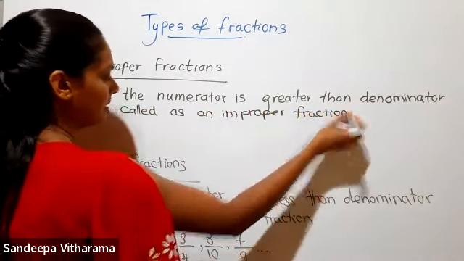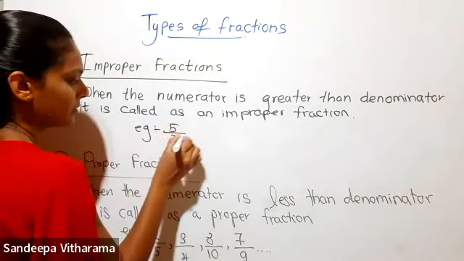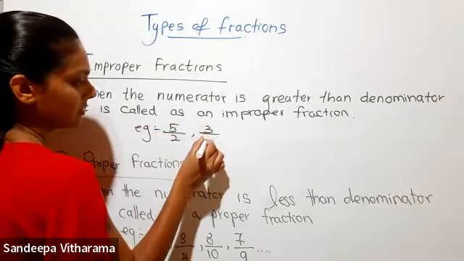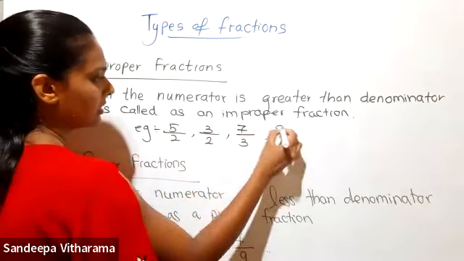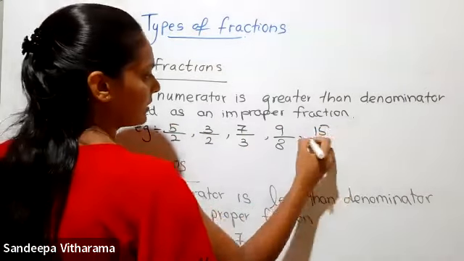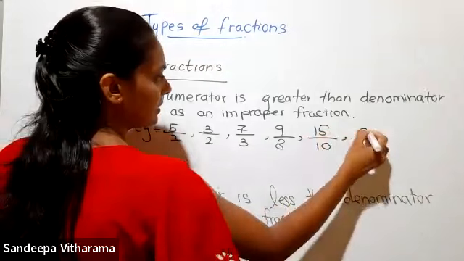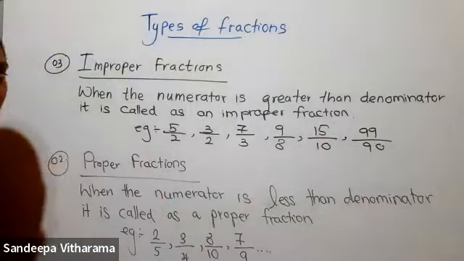Then for an example, 5 upon 2, 3 upon 2, 7 upon 3, 9 upon 8, 15 upon 10, 99 upon 90. Okay, those kinds of examples.